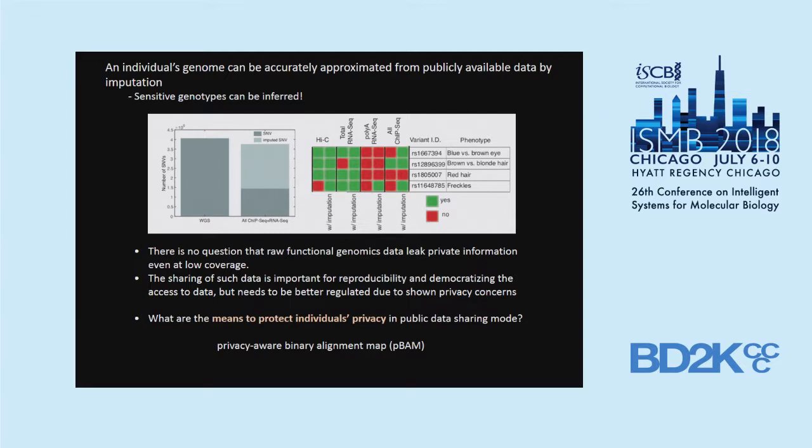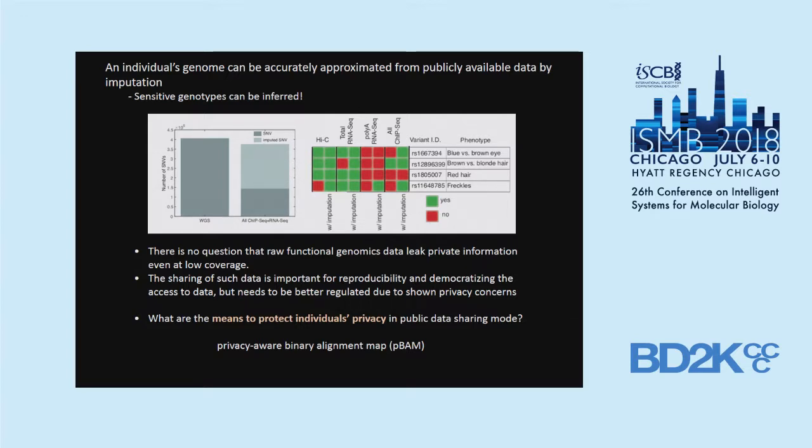As you can see, this publicly available data can actually return us back to the whole genome sequencing data, even though it is publicly available and this is not. And furthermore, you can actually infer some phenotypes that might be private, that people may not want to disclose, by using these experiments.